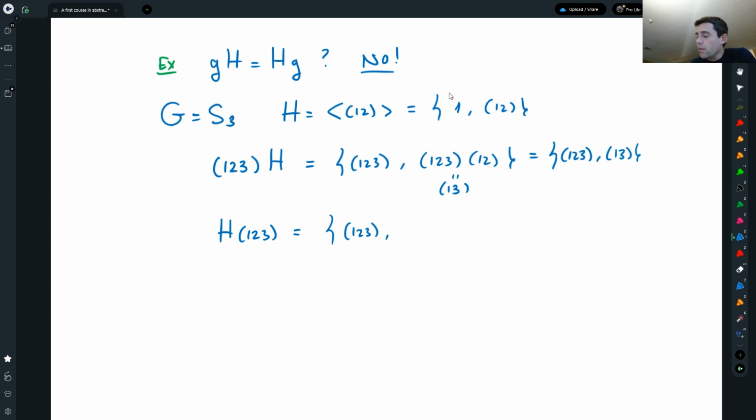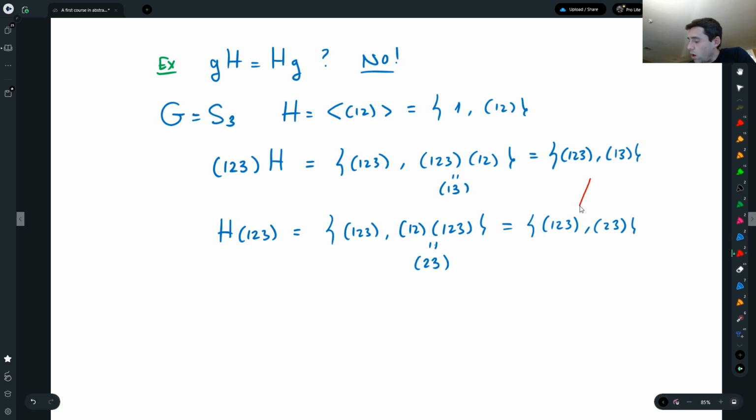I'm multiplying this by (1 2 3) on the right. So now I get (1 2) times (1 2 3). This permutation is 1 goes to 2 and 2 goes to 1. So 1 is fixed. Then 2 goes to 3. And 3 goes to 1 and 1 goes to 2. So 2 goes to 3. So this coset is (1 2 3) and (2 3), which is not the same as we got above.